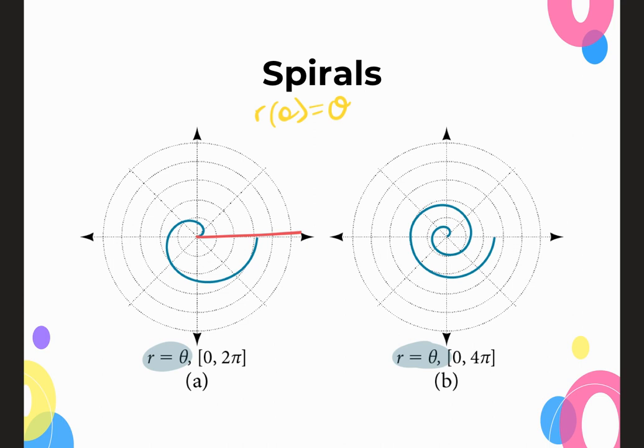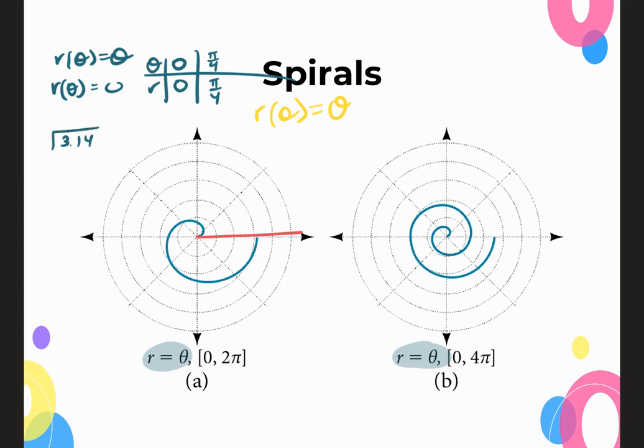I don't have to do anything to that. So if I plug in thetas, and I start at 0, I literally get r of theta equals 0. So if my theta is 0, my r is 0. If my theta is pi over 4, what's my r? Pi over 4.